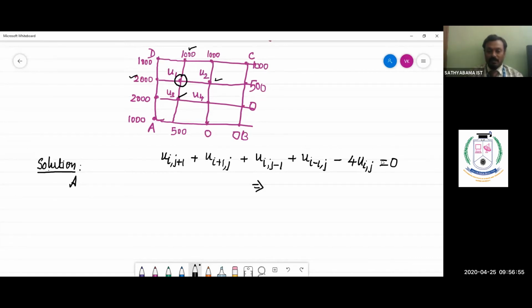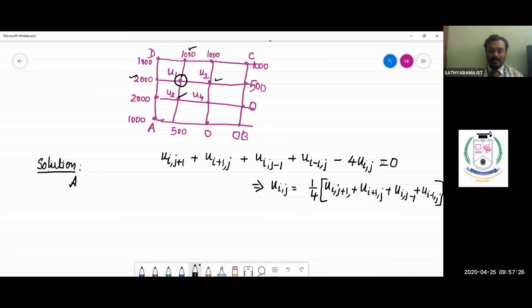From this, we find u i comma j is equal to 1 by 4 times the neighboring points: u i comma j plus 1 plus u i plus 1 comma j plus u i comma j minus 1 plus u i minus 1 comma j.